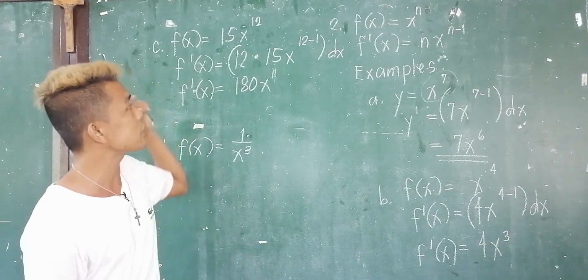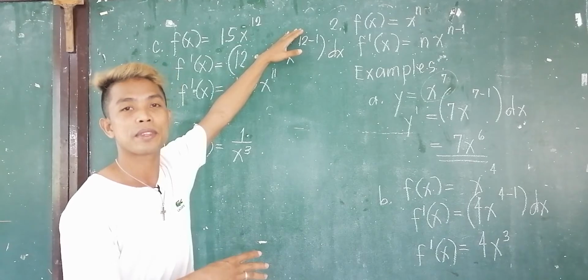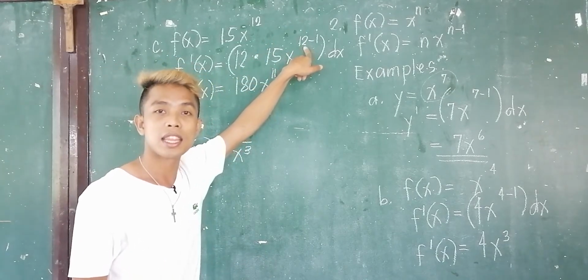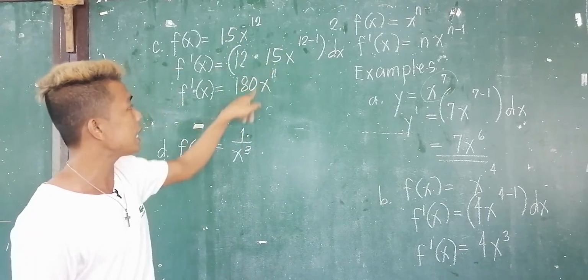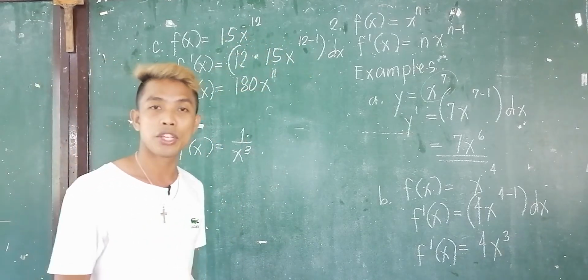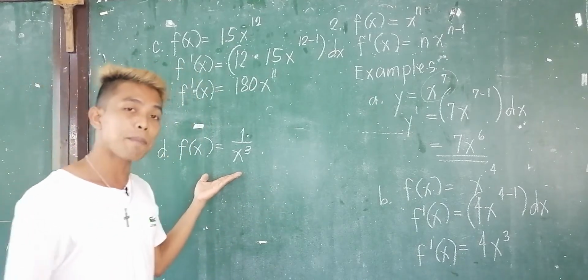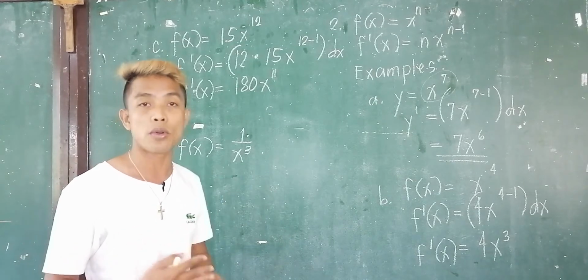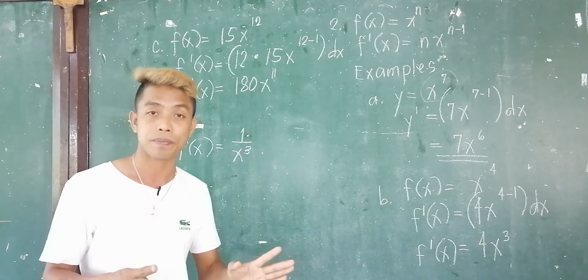Only the first part is calculus, everything else is algebra. The calculus is only subtracting the exponent. All the rest, like multiplying, is algebra. This is algebra too. That means it is important that we recall the different laws of exponents. We have 7 laws of exponents that you need to know.